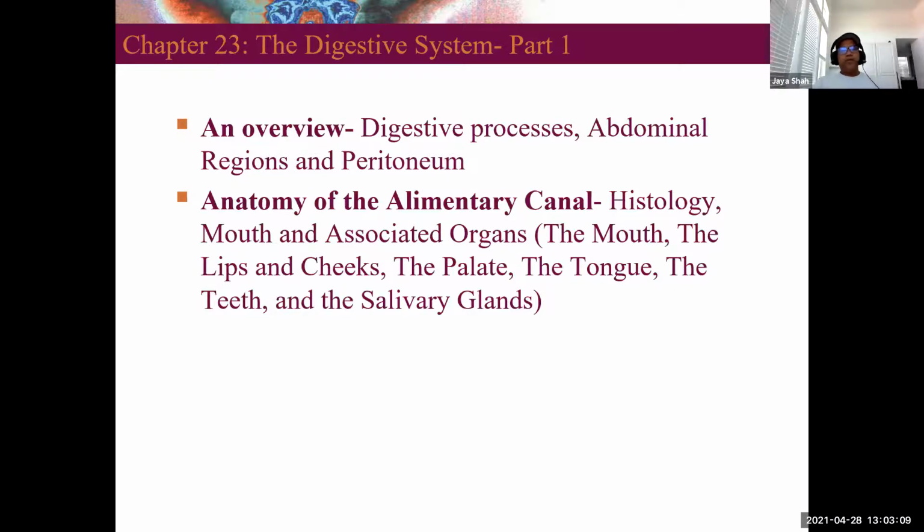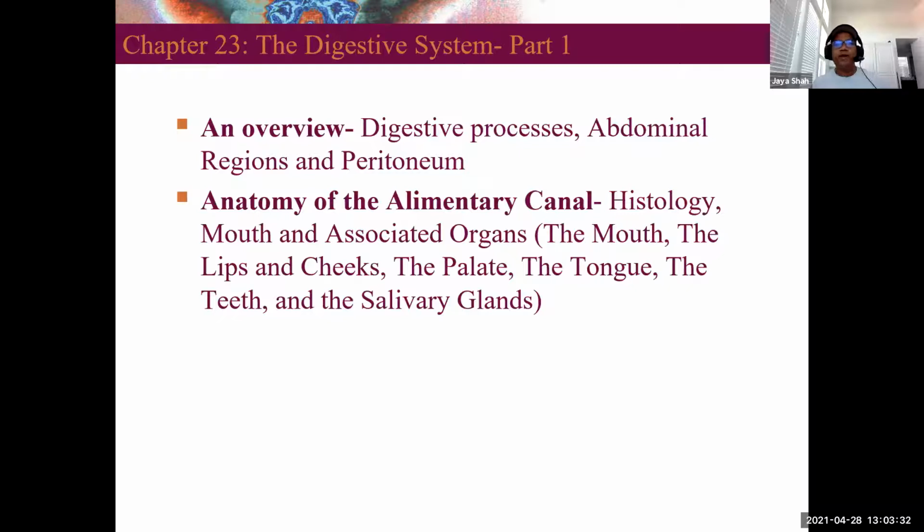So for the digestive system, we're going to talk about an overview, which is the digestive process. In the process of digestion and absorption, what are the processes which help in digestion and absorption?